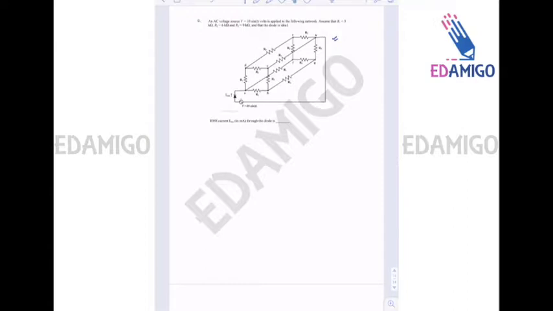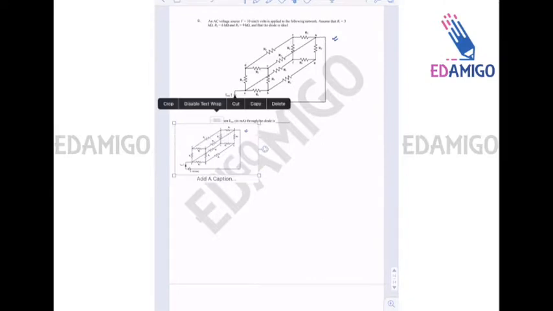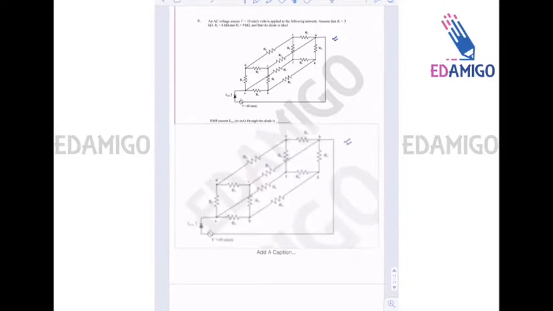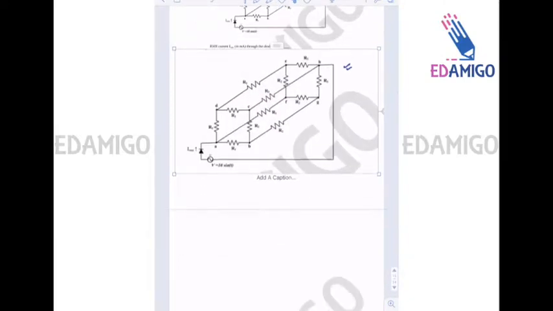first of all, let me copy the question. Okay, now I can explain it in a better way. If you look here, let us first assume that there is no diode. There is no need to worry about the diode right now.